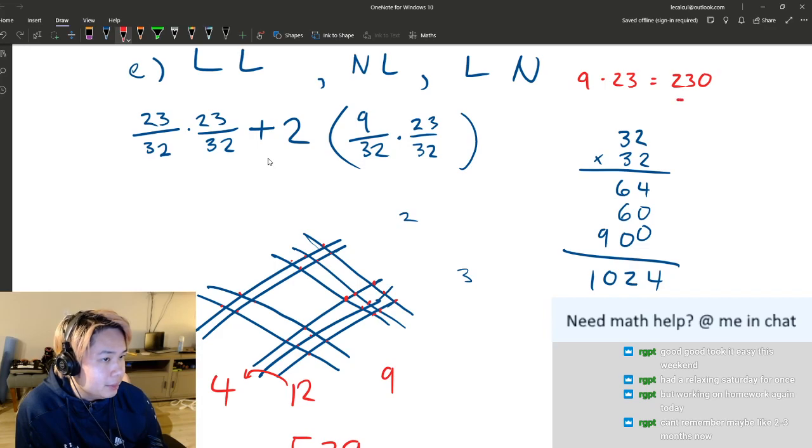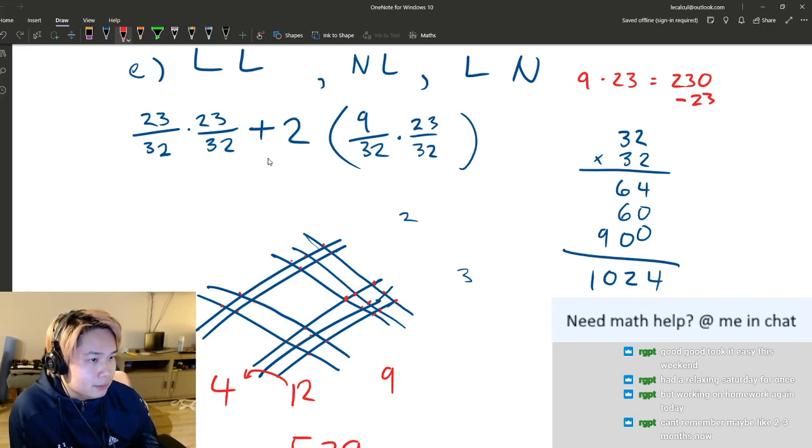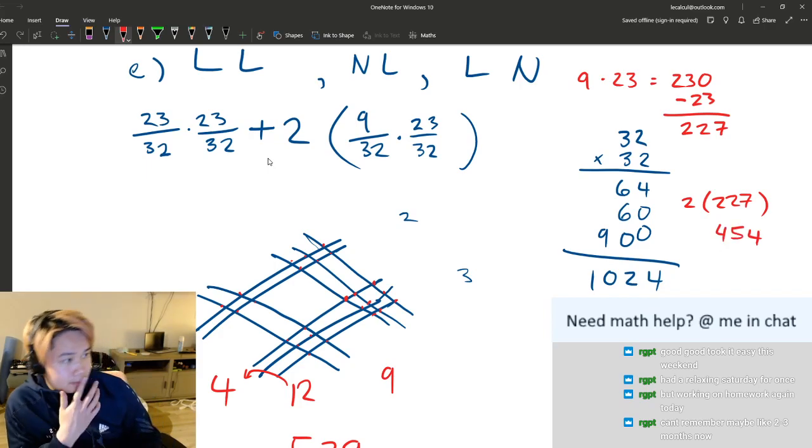And then because we actually don't have 10, we have 9, I'm going to subtract one amount of 23. So this becomes 227. And then I'm going to multiply that by 2. So this becomes 454, I think.